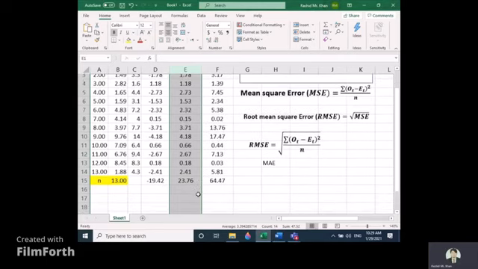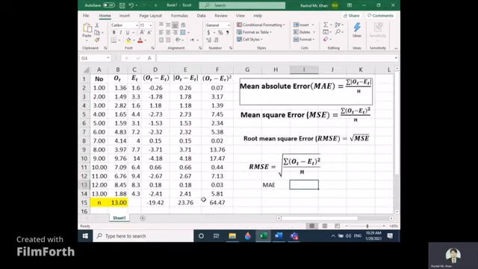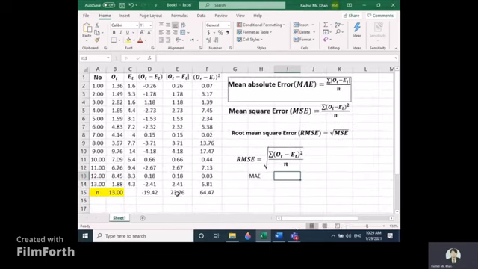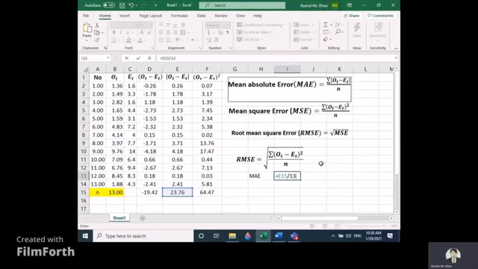So what we have to do for MAE here: this is the total value, so equal, this is the sum, and divide by 13, that's n. So this is our mean absolute error.